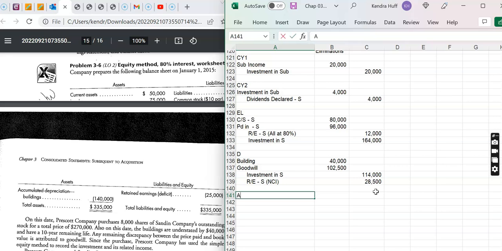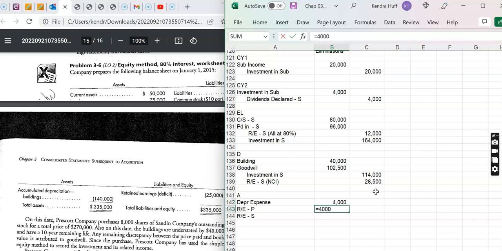Right, and then I think I just have the amortization, right? Depreciation. That's going to be depreciation expense. And I'm also going to have retained earnings of the parent, retained earnings of the sub for the previous, let's say 4,000 is yearly.